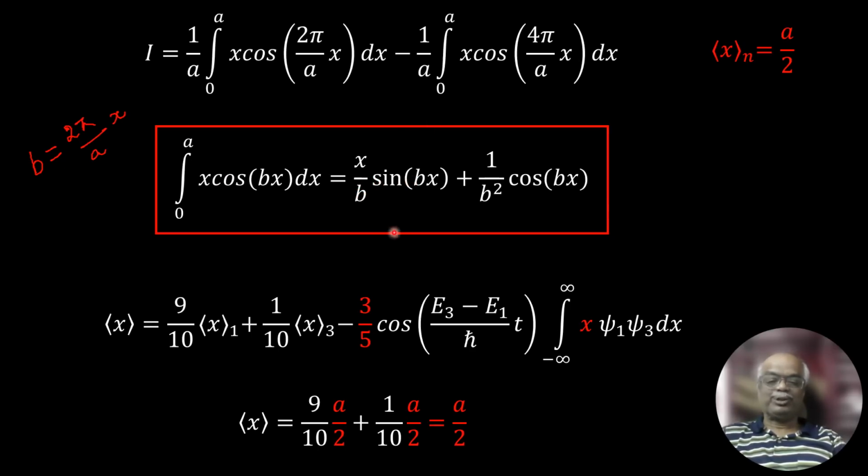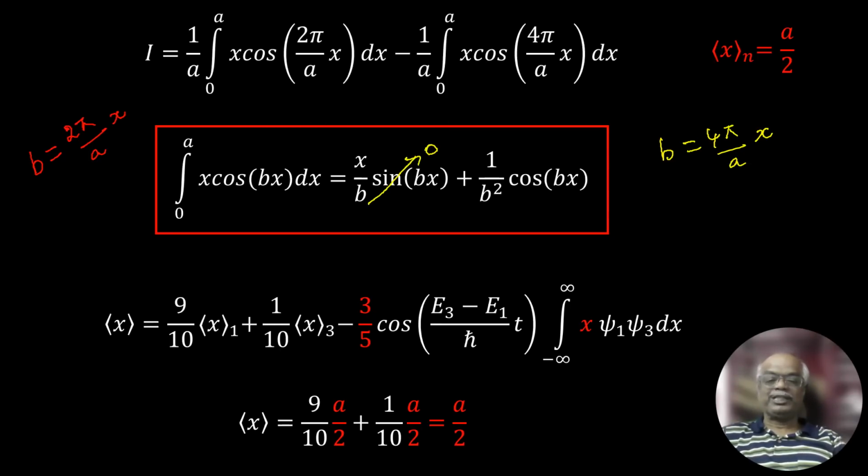Then you come to the second integral. In the second integral, you have p equal to 4π divided by a. For the upper limit, this will be 4π. So sine 4π is equal to 0. Lower limit 0. So for both integrals, this term will become 0.